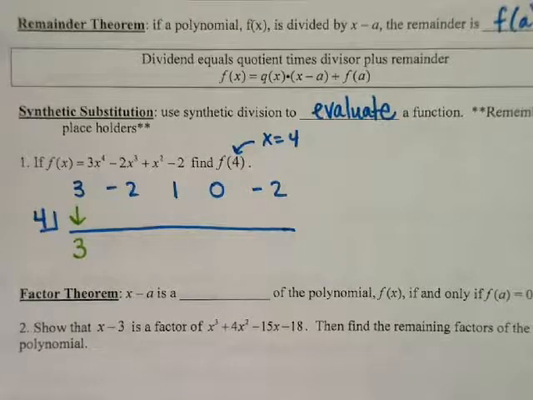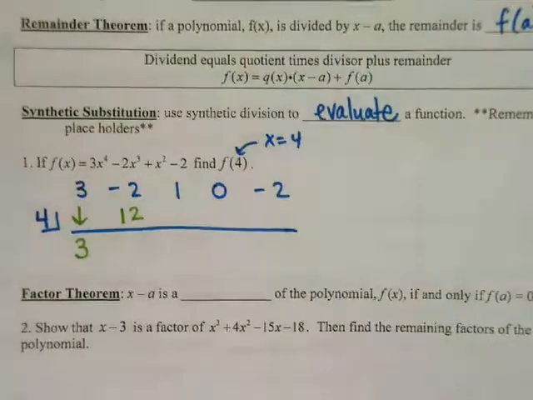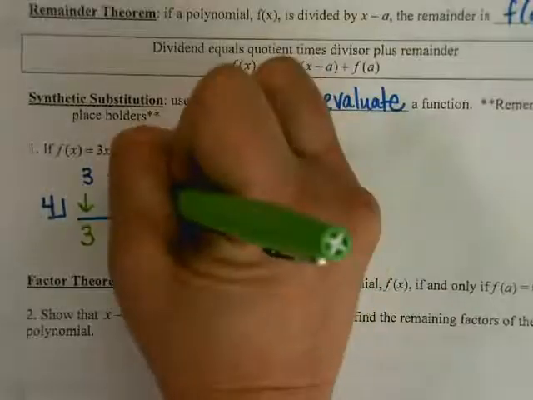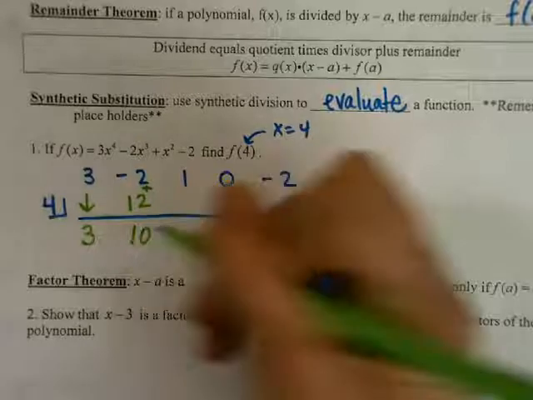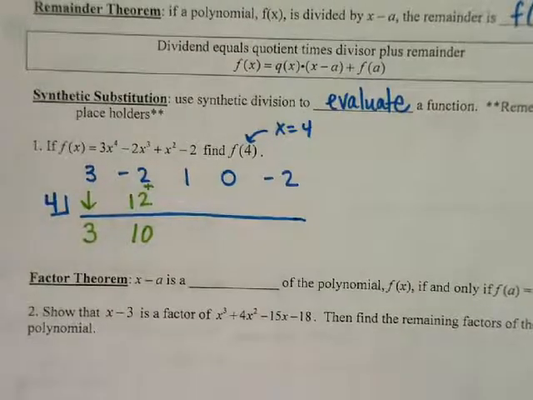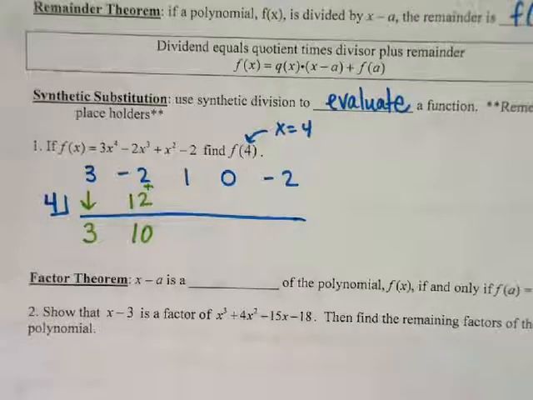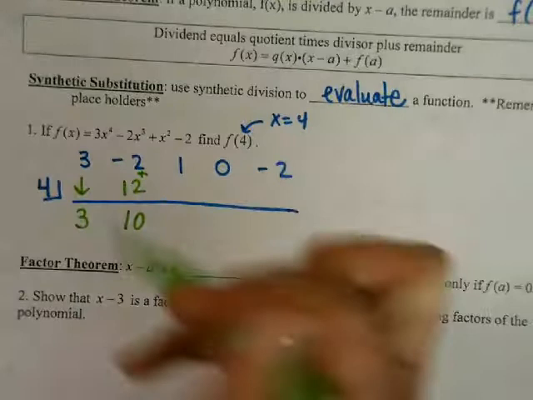Then what? Multiply 4 times 3. Add. Okay, negative 2 plus 12 is 10. Numbers might get big, so if you want a calculator, grab one. I'm grabbing one too.